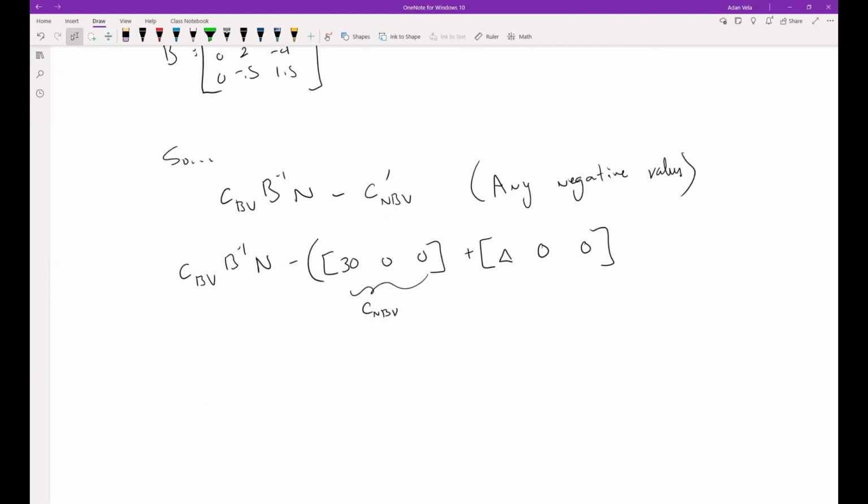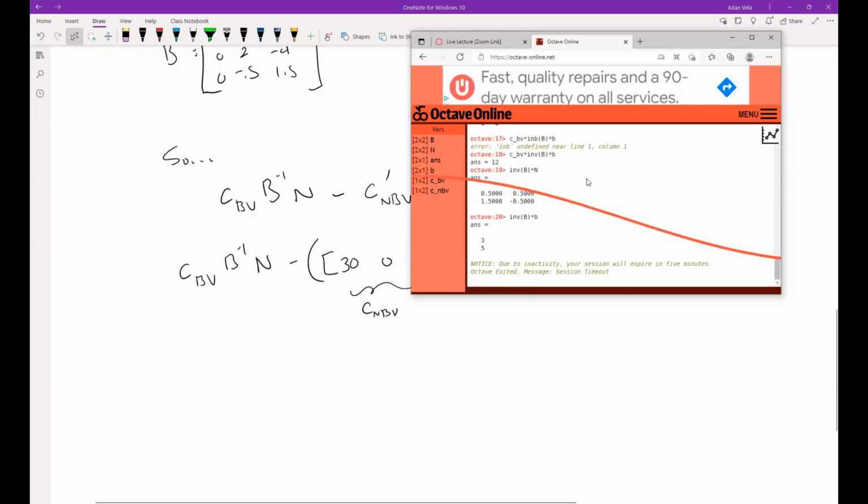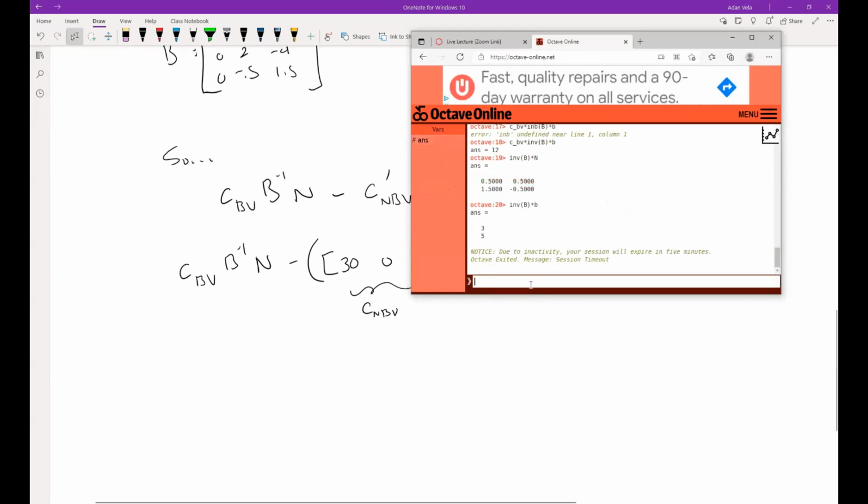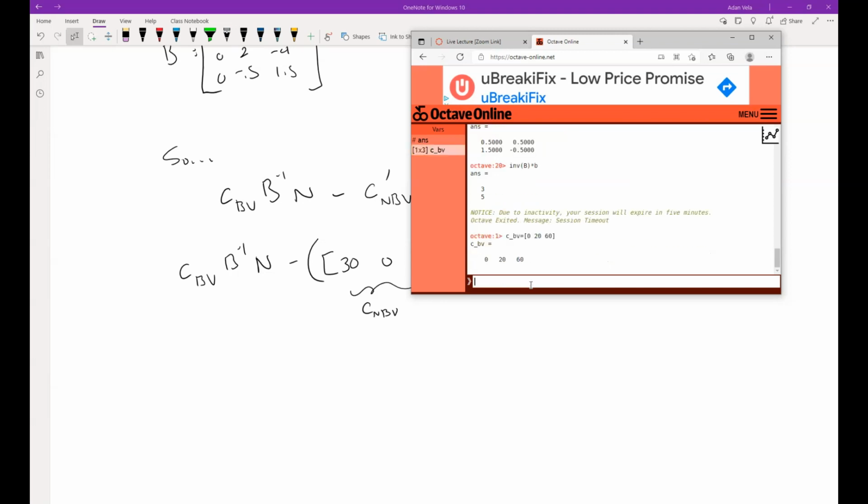All right. So this first part, we can multiply everything out to see what CBV times B inverse N is equal to. Let's see if I have these values already stored. Yeah, there we go. CBV equals 0, 20, 60.